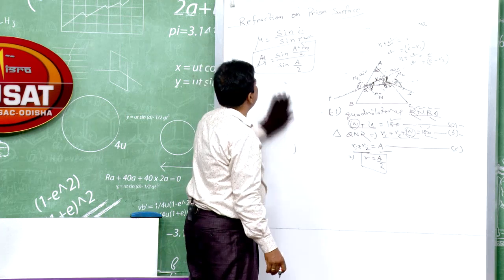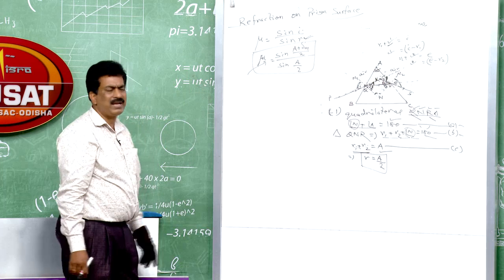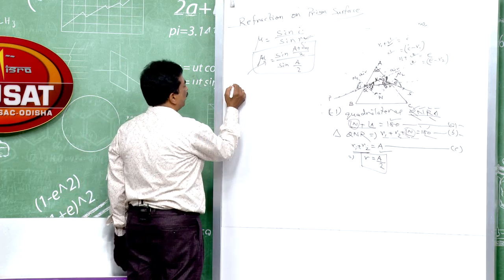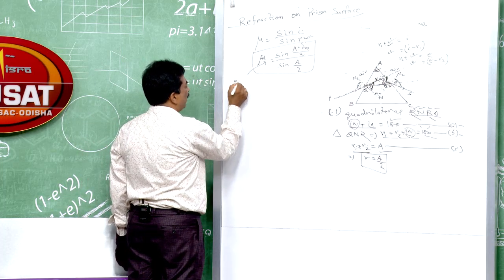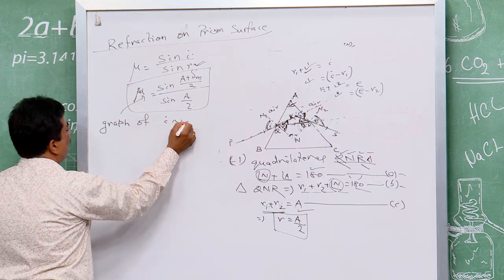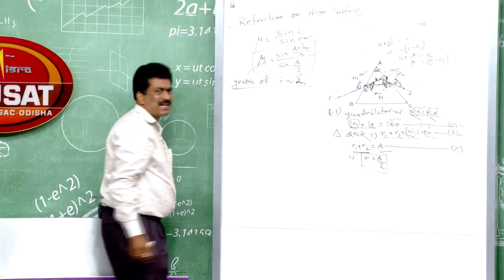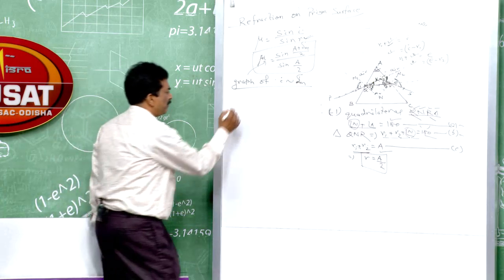So mu is equal to sin of A plus delta M by 2 by sin A by 2. In the practical also you know the graph of I versus delta M, means angle of incidence and the angle of minimum deviation.